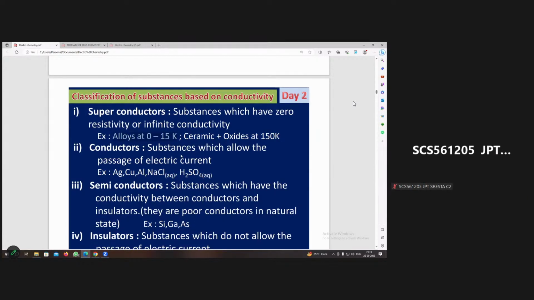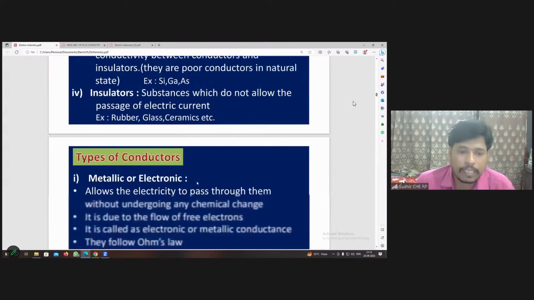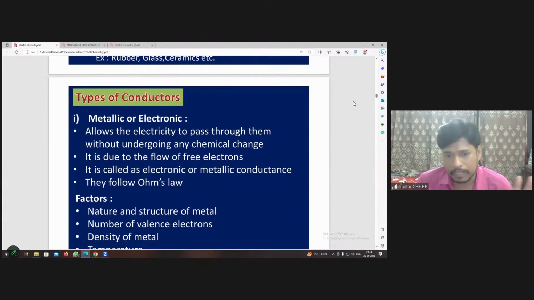Yes. Okay. So for today, I wanted to stop here in these main areas of the topic. If you have any doubts, you can ask me. Otherwise, we can wind up the session. Mainly, we discussed 4 types of substances in today's class, and after that, metallic conductors. So why do metallic conductors require free electrons?